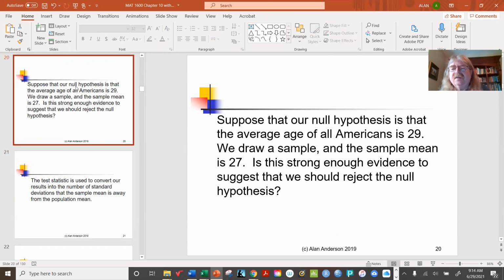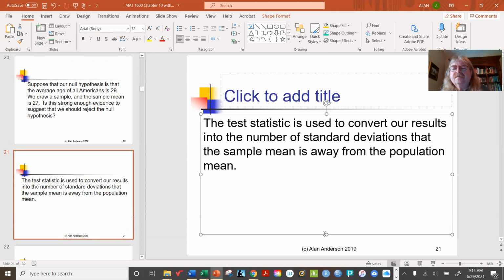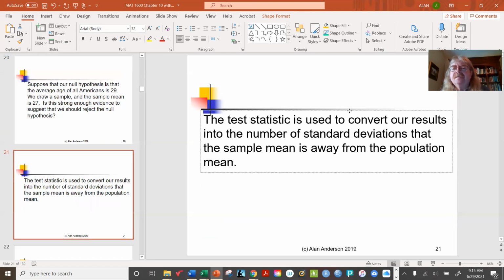Here, we're thinking in terms of years, but it's hard to judge whether or not 27 is enough to suggest that this null is wrong, because we know that every sample mean is different. What we do, our strategy, is to convert this into standard deviations. Once we have standard deviations, it's much easier to judge how likely it is that our null is true.